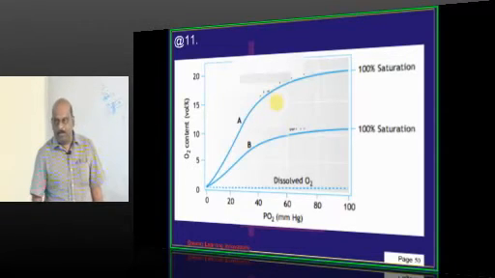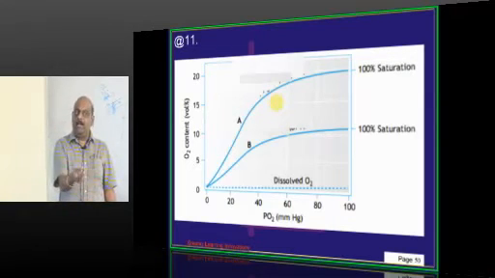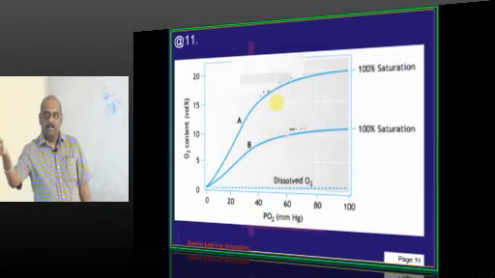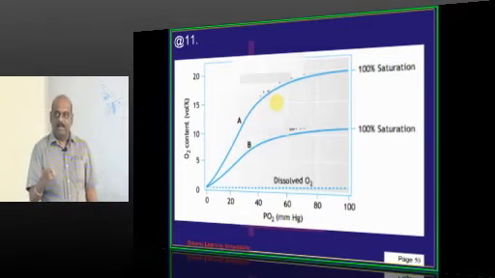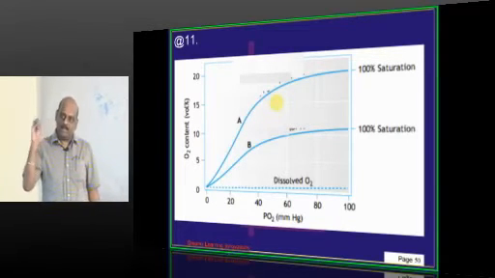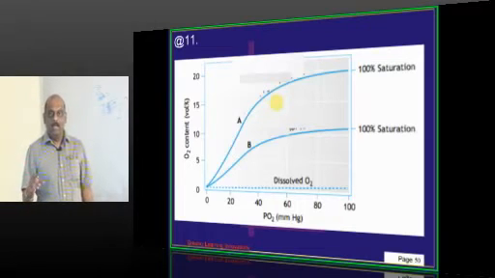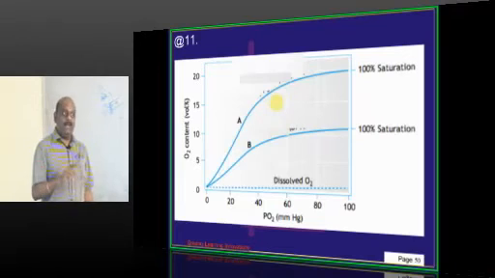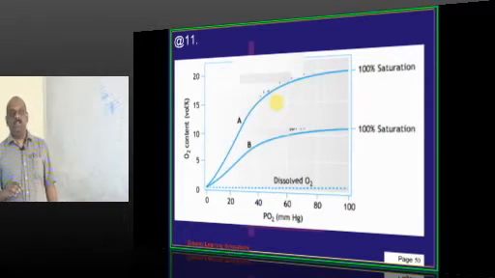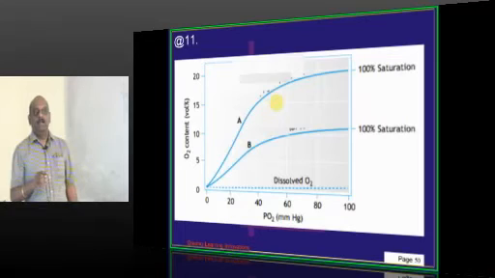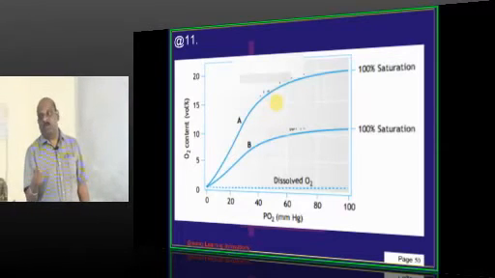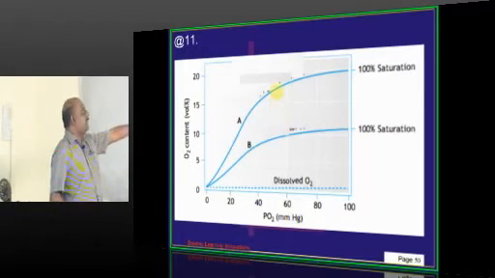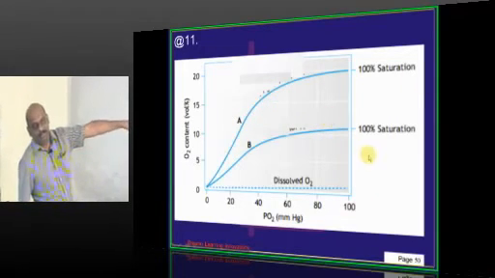Though it achieved 100% saturation like the normal guy, the 8 gram hemoglobin guy versus the 13 gram hemoglobin guy, both will achieve 100% saturation, but the 8 gram one has a lesser amount of hemoglobin which is 100% saturated. So that is the reason the oxygen content will be lesser.